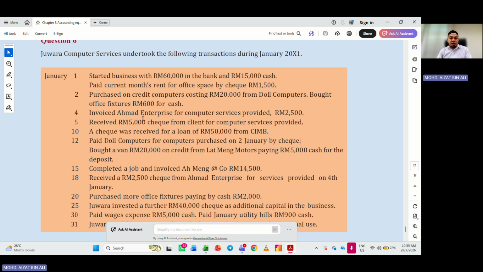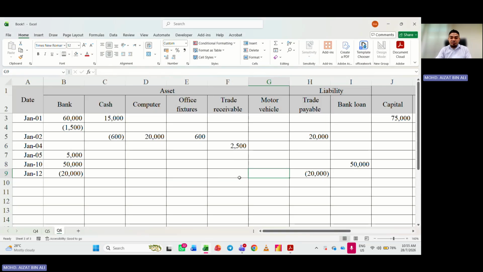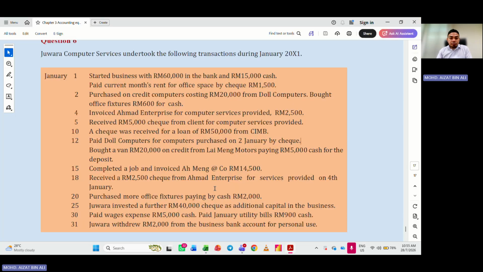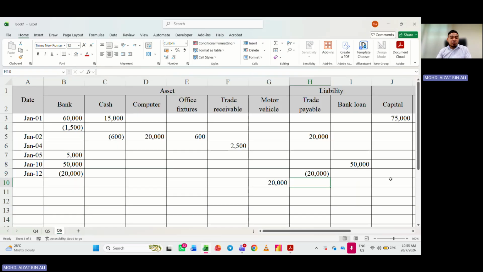So because it is on credit, I wish to show this effect separately. So add another 20,000 ringgit. Was it 20,000 ringgit? Are we sure? I see. We paid 5,000 ringgit cash for the deposit. So what happened to our cash? Our cash decreases by 5,000 ringgit.